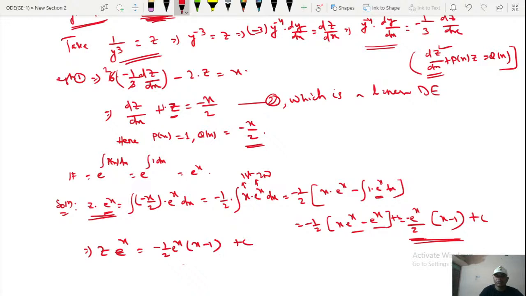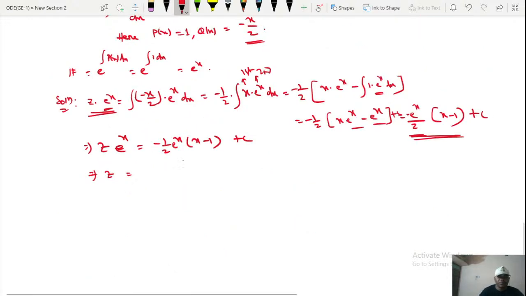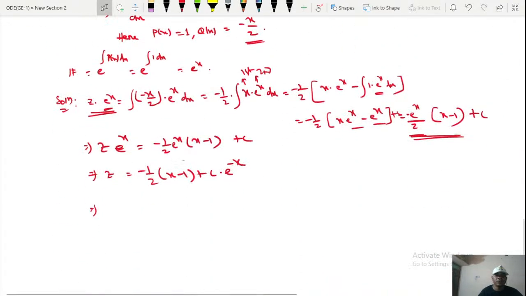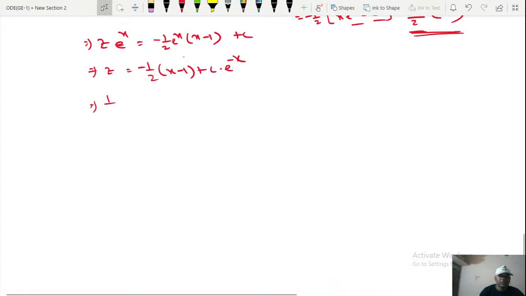Now dividing by e to the power x on both sides, what you will get is your minus half whole into x minus 1 plus c into e to the power minus x. So now remove z. We took z as 1 by y cube, so in place of z I will write 1 by y cube is your minus half whole into x minus 1 plus c into e to the power minus x.